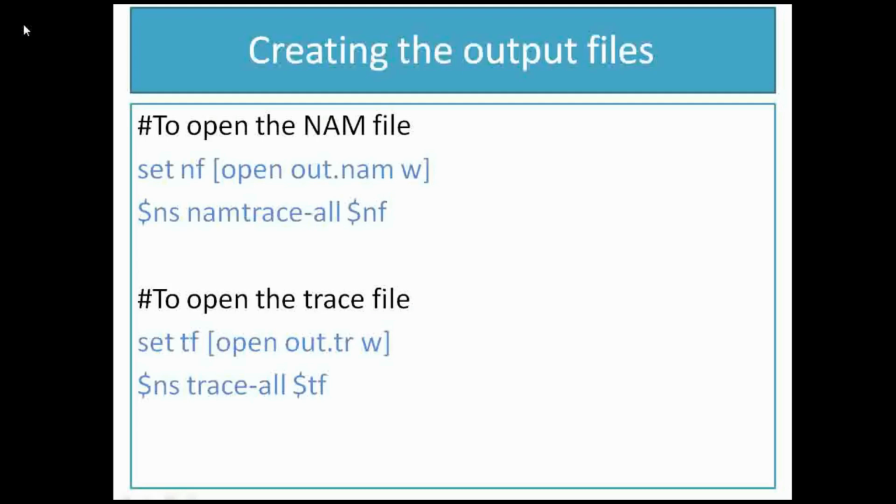The same thing is for another file, the trace file. Here the name of the trace file is out.tr. Here also we are connecting this using the function trace-all. So namtrace-all is a member function of the class Simulator.